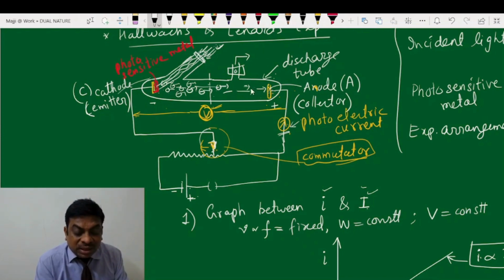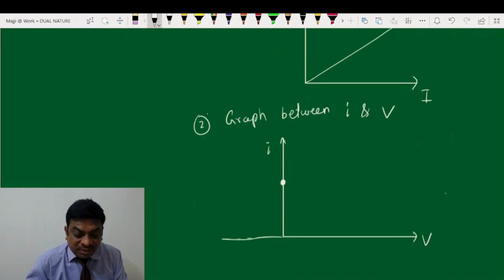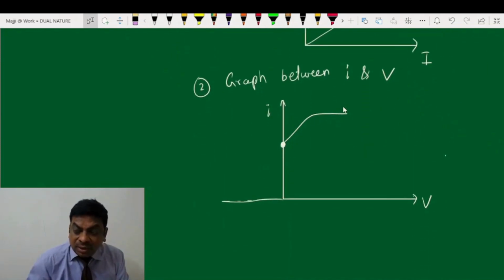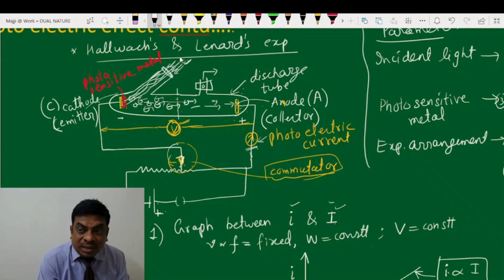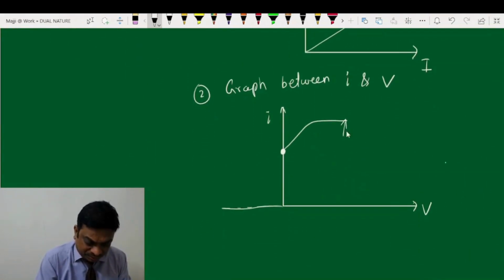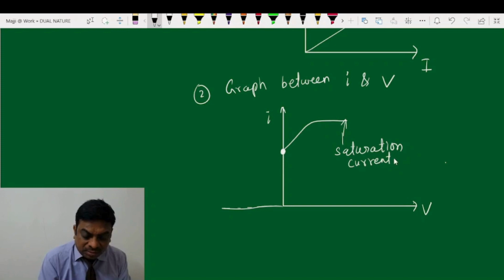If in the same 1 second, all the 1000 photoelectrons reach the anode, then we say saturation current has been achieved, and you cannot expect any more increase in current unless you change the incident light. In that situation, simply by increasing the anode cathode voltage, you cannot expect any further increase in the current. Such a current is known as saturation current, because it has been saturated.